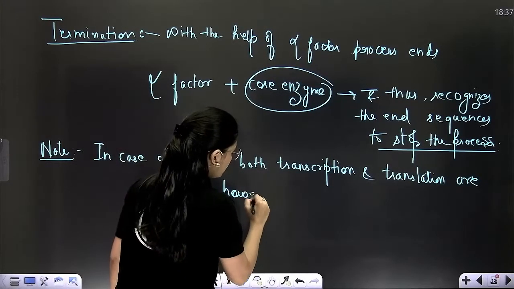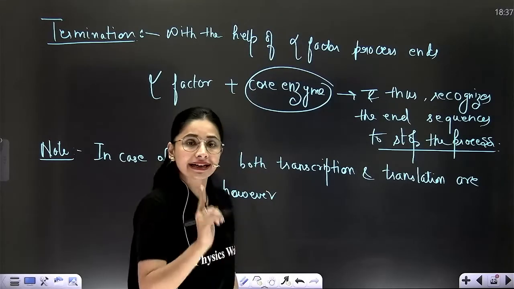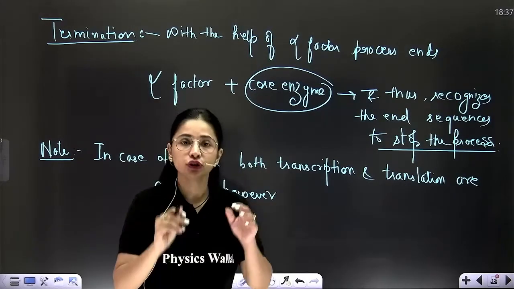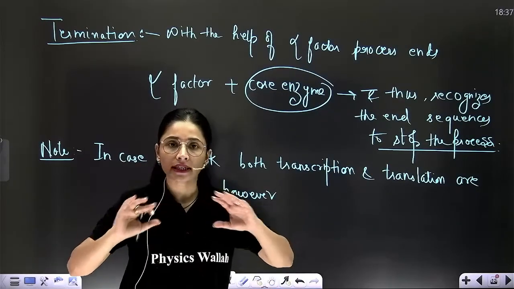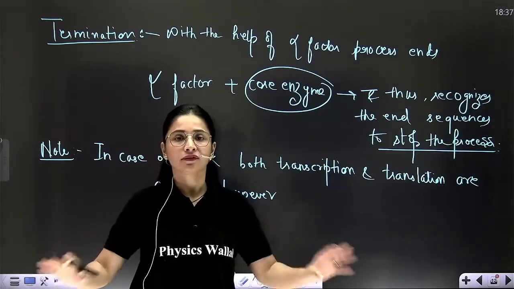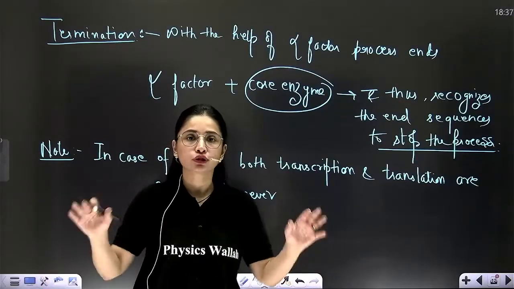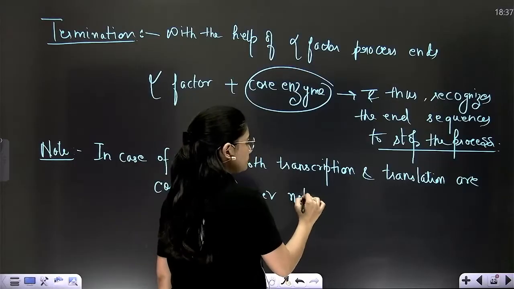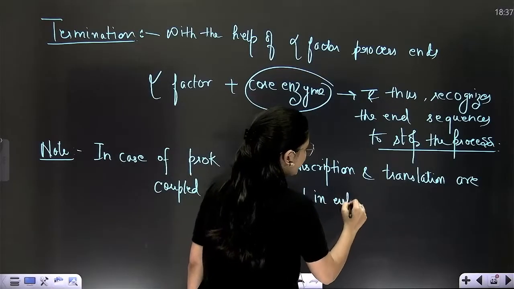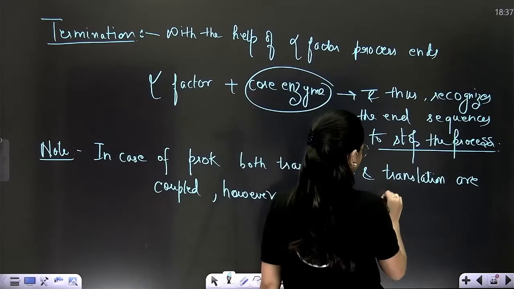However, this is not the case in eukaryote. In eukaryote, transcription and translation are two different events taking place in two different compartments of the cell at two different times. They are coupled in prokaryotes, however, not in eukaryote. Now, what is the reason behind it?